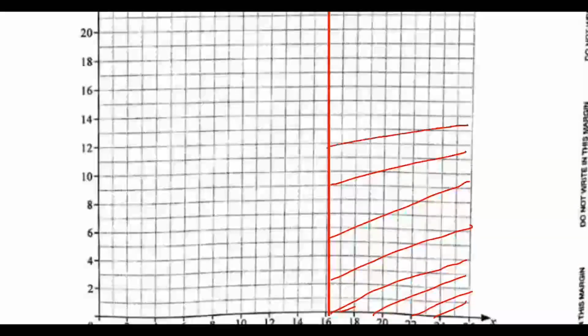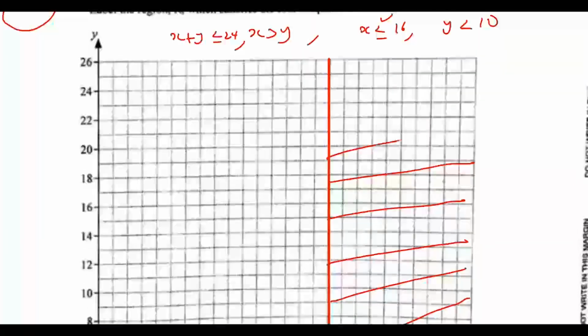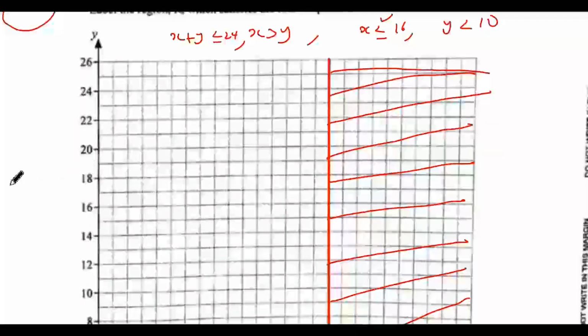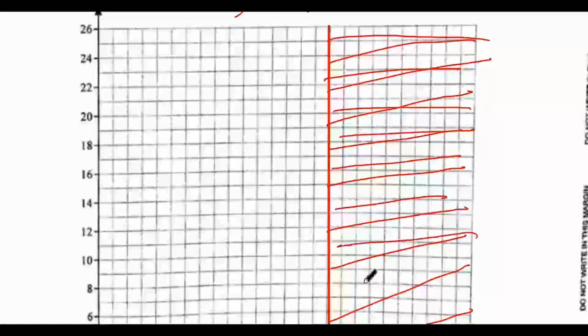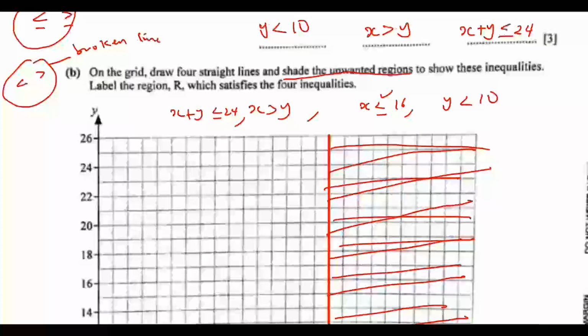We don't need this side. This is the unwanted side for the first one. Let's scroll up a little bit and complete this. If you have your pencil, you can take your time and shade very well. So that's the first one.